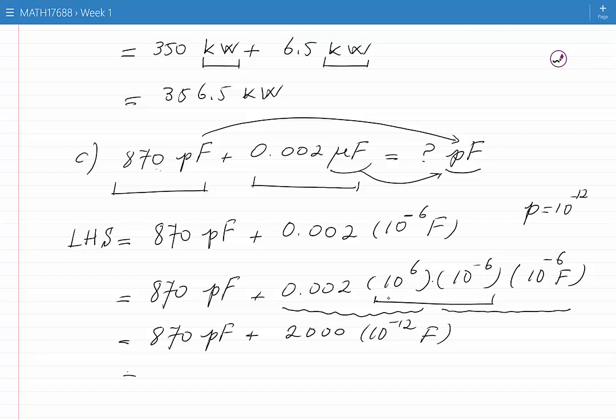So we're going to have 870 picofarads plus 2000 picofarads, which is equal to 2870 picofarads.